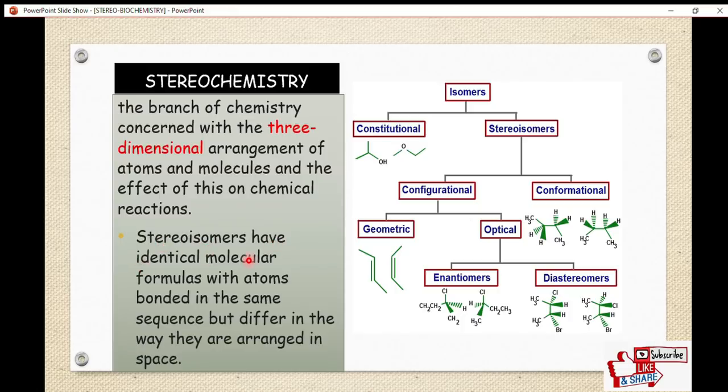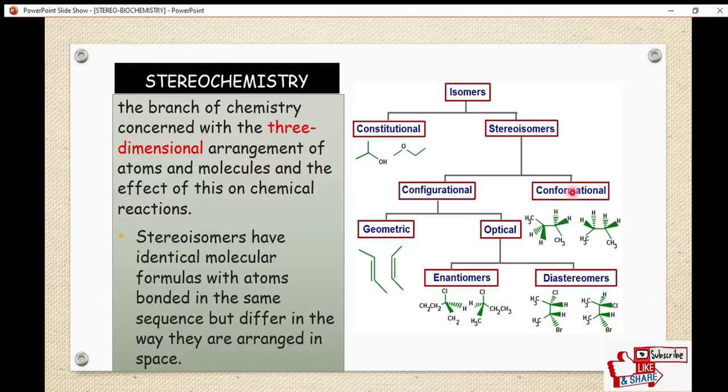Stereoisomers have identical molecular formula. They are atoms or molecules with the same formula, with atoms bonded in the same sequence, but they differ in the way they are arranged in space. Within these stereoisomers, we have configurational isomers and conformational isomers.